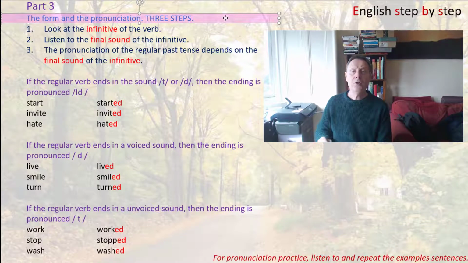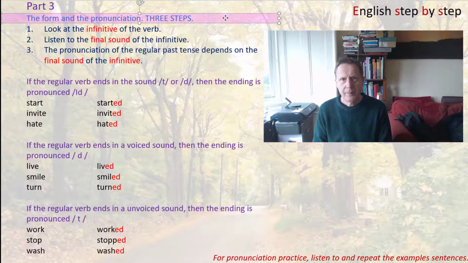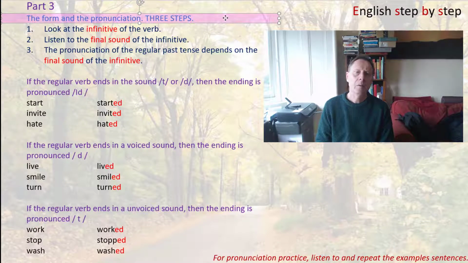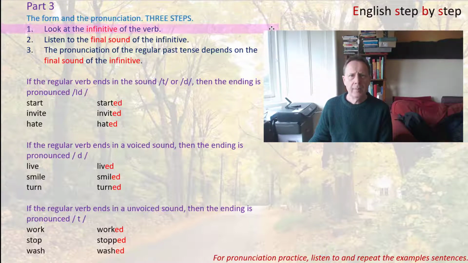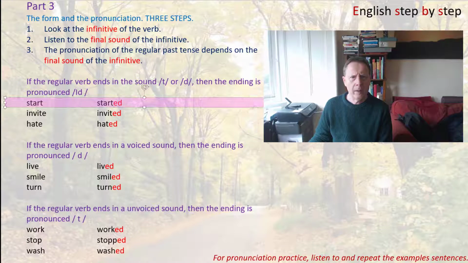Now, I advise you to use 3 steps when you're making a decision about how to pronounce the past tense form, the regular past tense form with ed. So, first, step 1, look at the infinitive of the verb. Now, the infinitive is the main form in the dictionary.